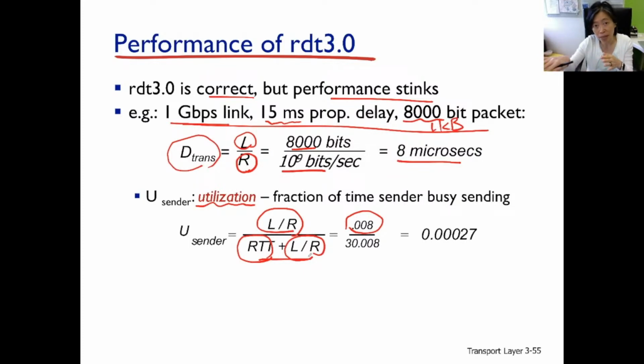And here I'm ignoring the ACK packet transmission time because ACK packet is usually just very small. Okay, so that's one round trip time plus packet transmission time, 30.008 millisecond. So overall utilization on this link is very, very low, 0.00027, too many zeros.